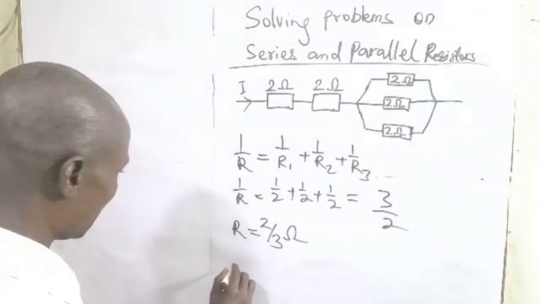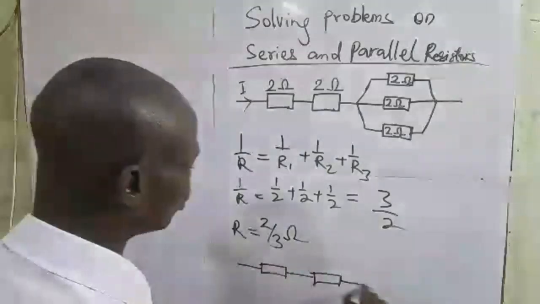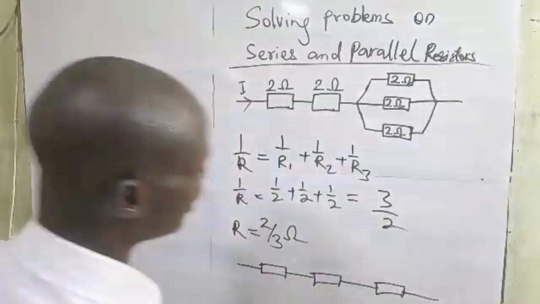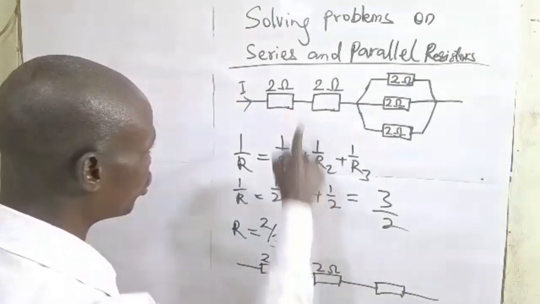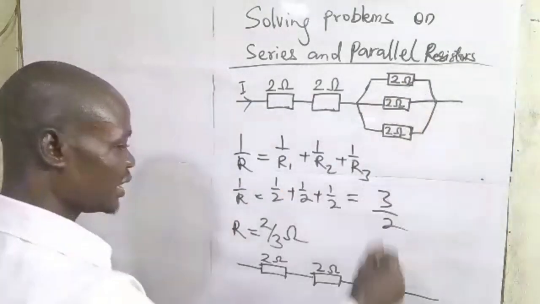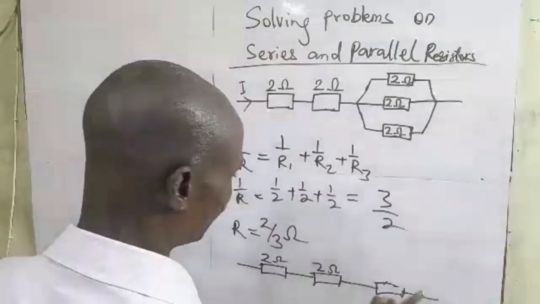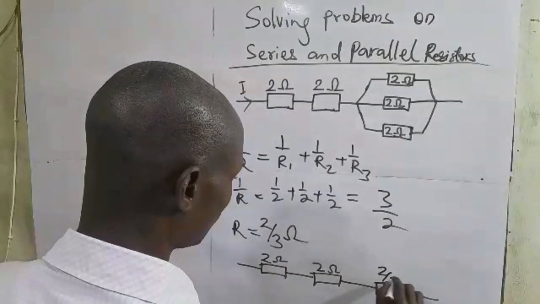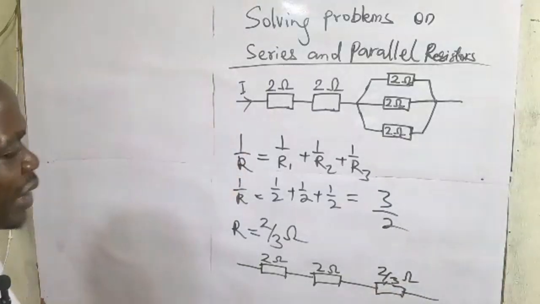What that means is that if we redraw this diagram, we now have 3 resistors in series. This is 2 ohms, this is 2 ohms, and then the combination of the parallel ones is now 2 over 3 ohms. So that is the combination.